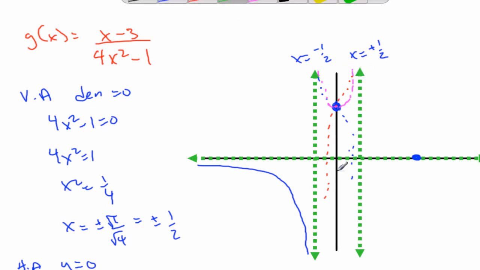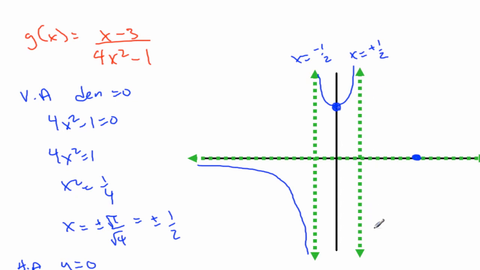Or the last one, it could do the green one here. Now, of all those four options, it can only be the pink one. I know that because all the other options have x-intercepts between a half and negative a half. So it has to be the pink one. Let me undo a bunch of those. Without doing the sign chart, I can tell that it's going to be that pink one. So it has to be like this scenario here.